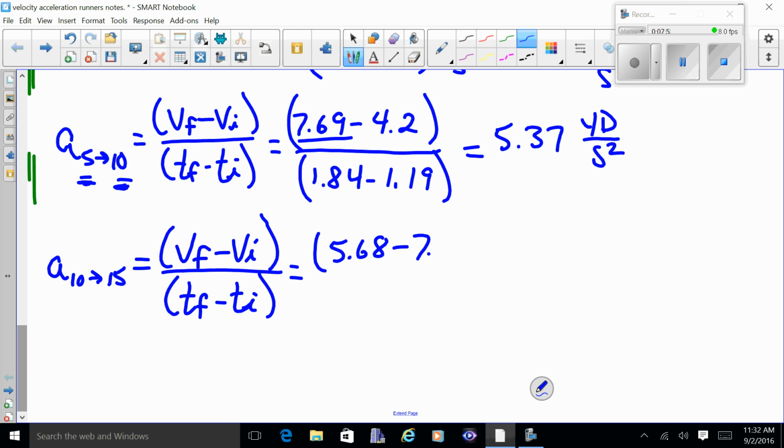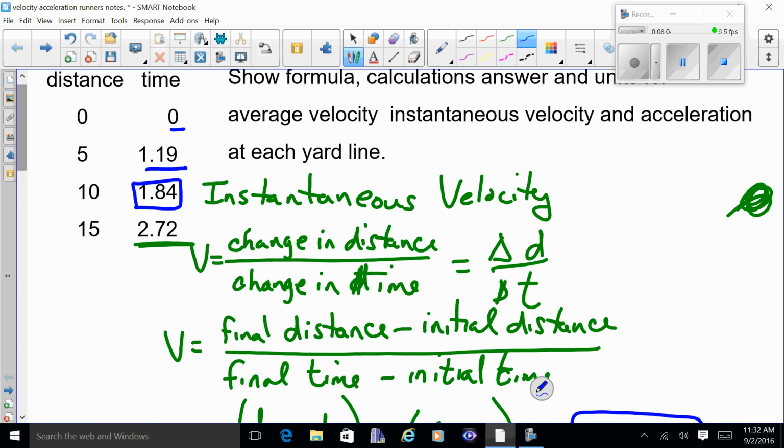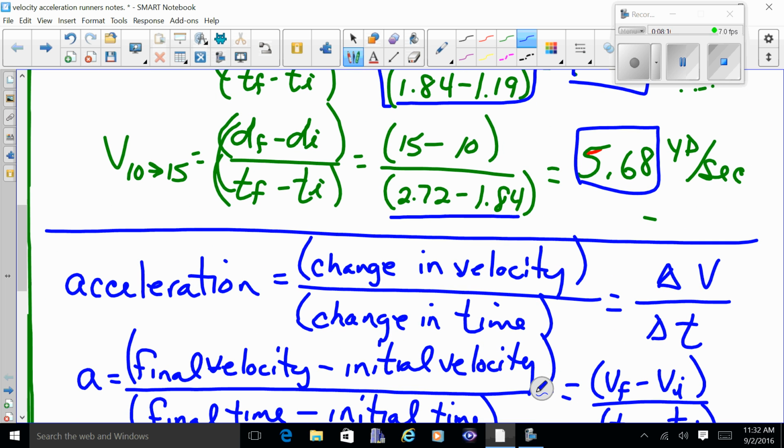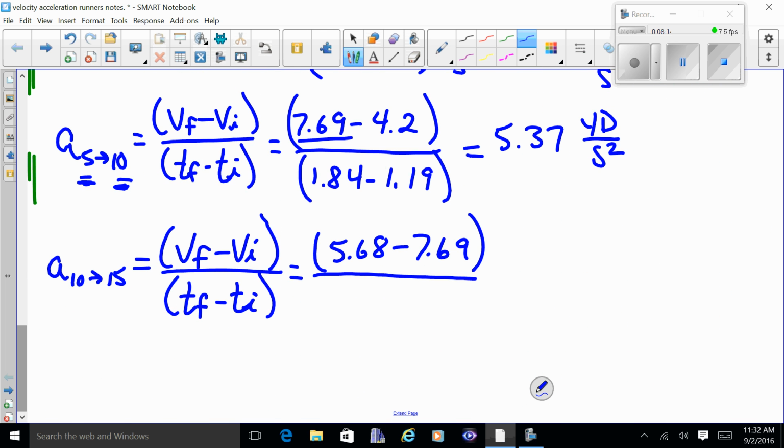I'm going to go back up to the velocity equations and steal those times at the 15 and the 10. You notice the 15 was 2.72 and 1.84. There it is right there where I put it in, 2.72 and 1.84. So I'm going to put those down here, 2.72 minus 1.84. And now I'm going to divide those numbers.